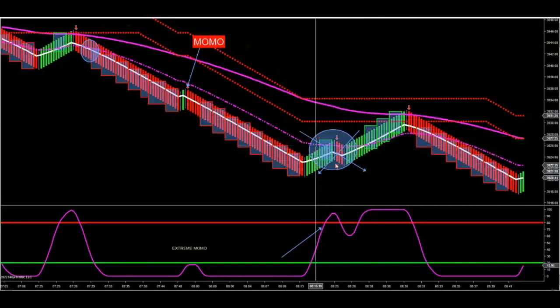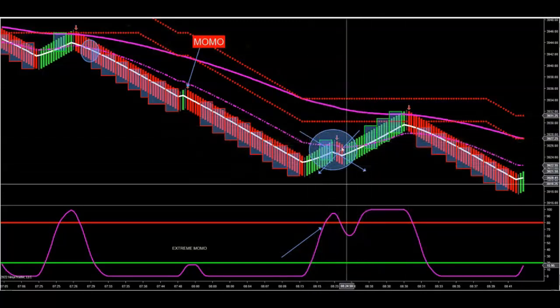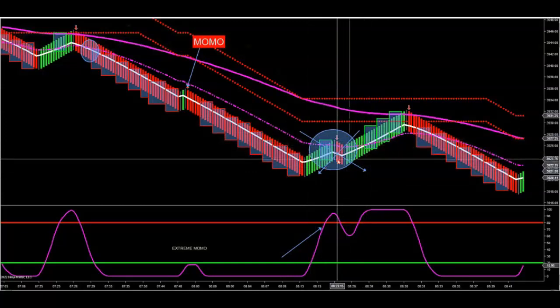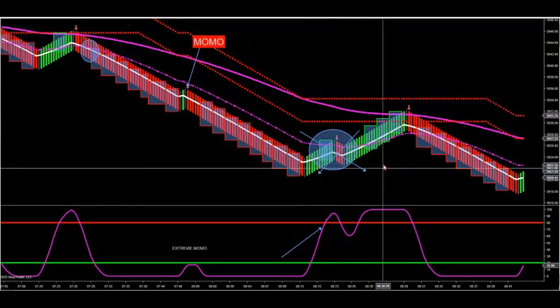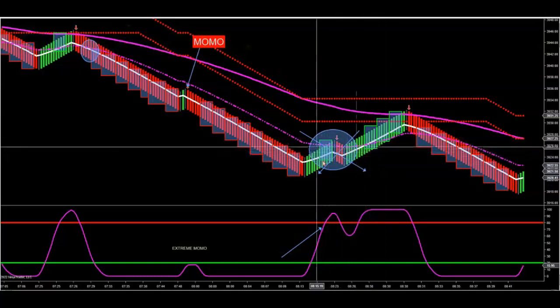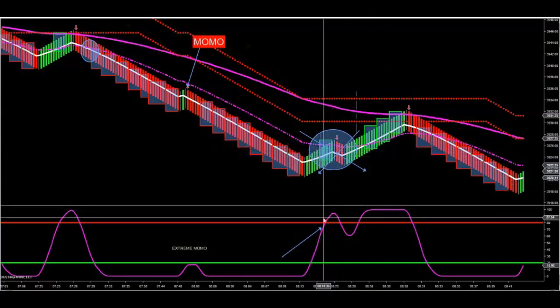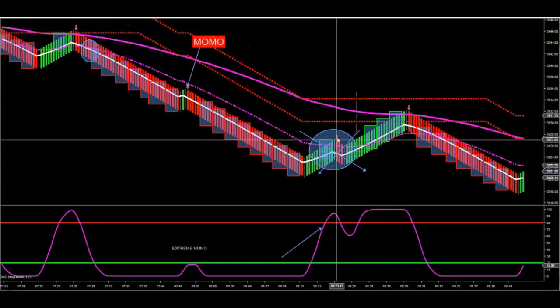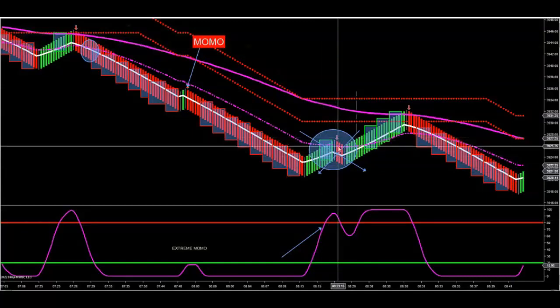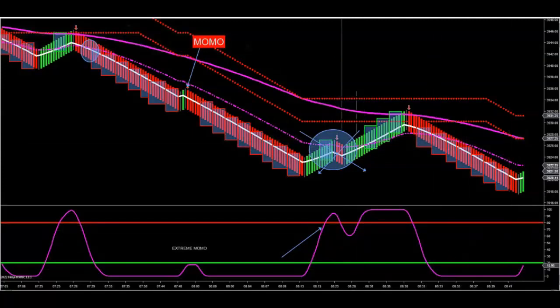I could try to take this out, Phil, which I probably will on the update, but when the oscillator gets above 80 I'll have it removed so it doesn't fire off. But just showing in the room right now, don't take the trade.